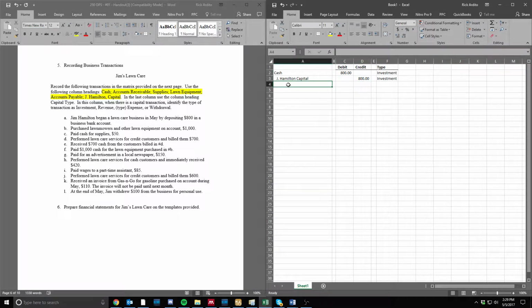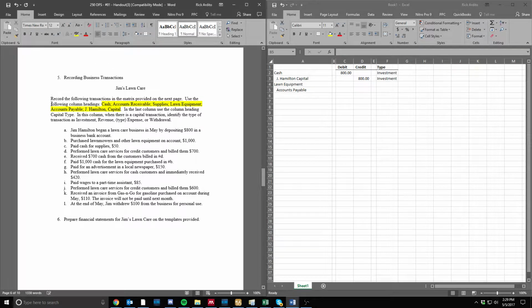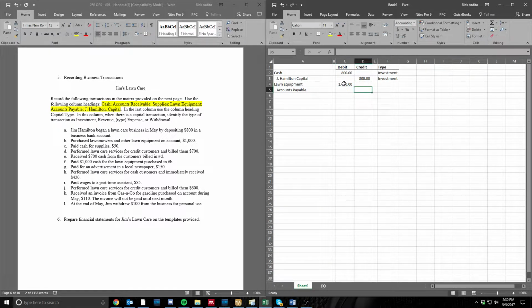So what we did is we bought an asset, we bought lawn equipment, and we took out a liability. In this case, the account we have available is accounts payable. This is a common account we will use frequently. So accounts payable is the liability account we're going to use, and lawn equipment is our asset account. And we're going to do this for $1,000.